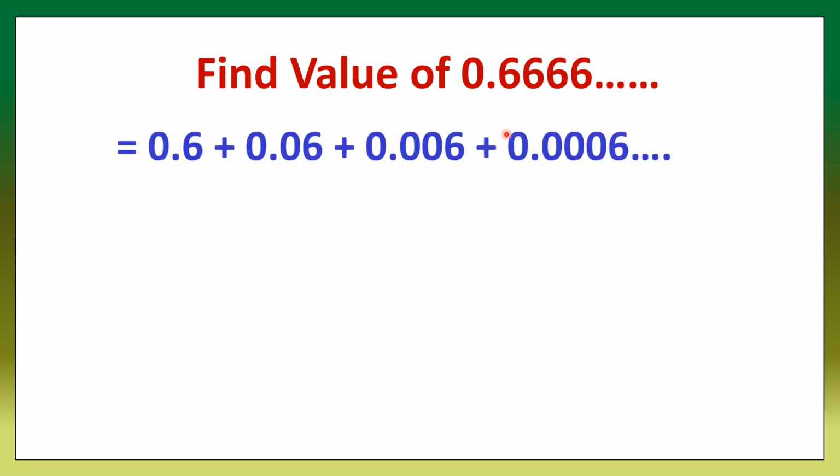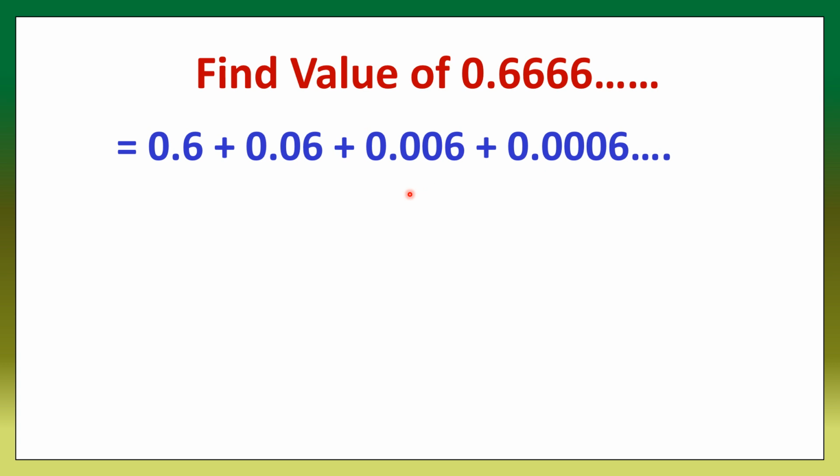It is just equal to 0.6 plus 0.06 plus 0.006 plus 0.0006. So 0.6666 is equal to this series in geometric progression.